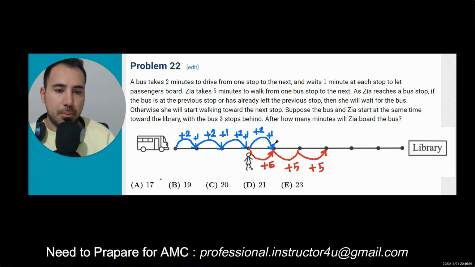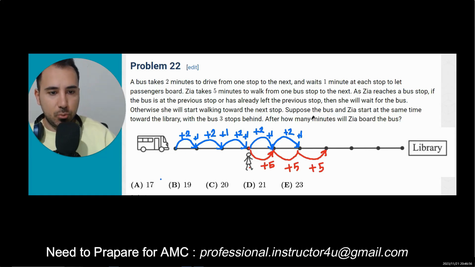But look here. After 14 minutes, the bus is already at this station. It's going to stay here for another one. But after 14 minutes, where was Zia, or in our case, where are we? So 5 plus 5, Zia is here after 14 minutes.